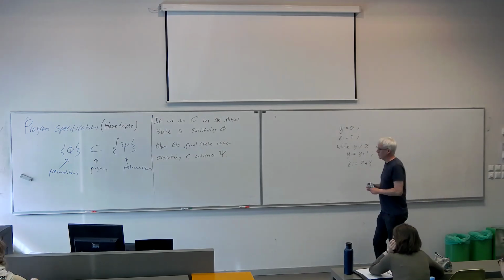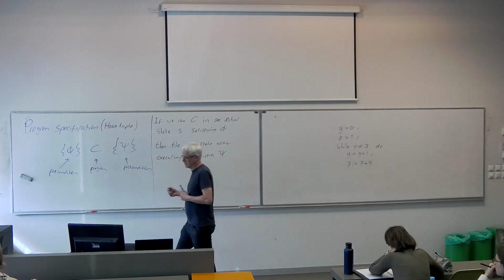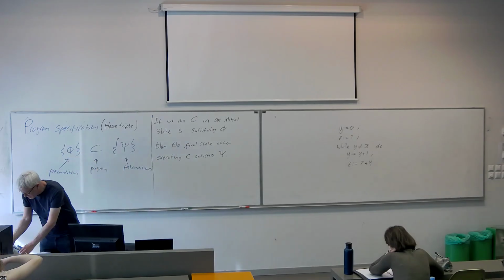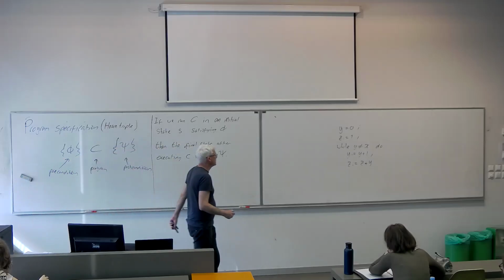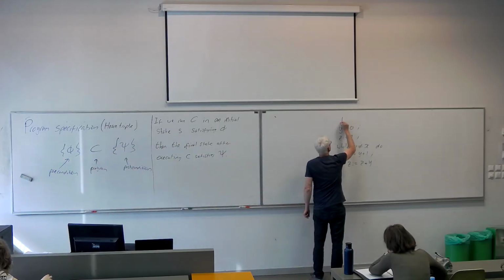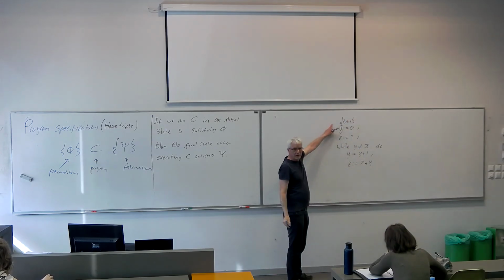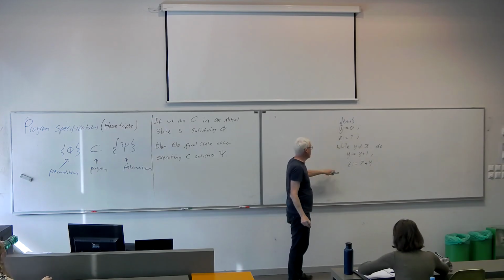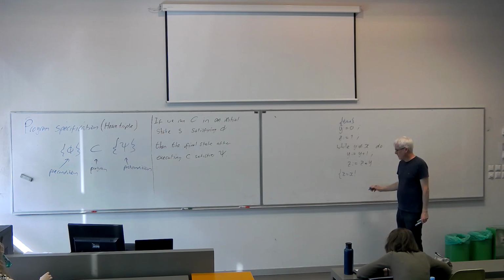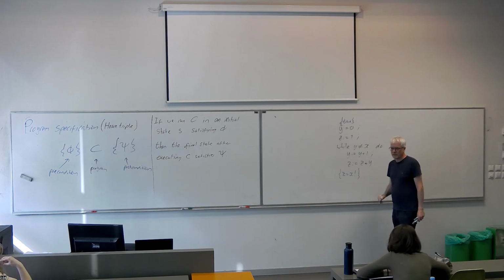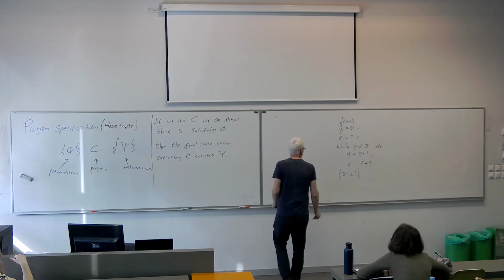As a first specification, we're just going to say in any input state, we run this program, and at the end, we're going to be in a state where Z is the value of X factorial. Okay?